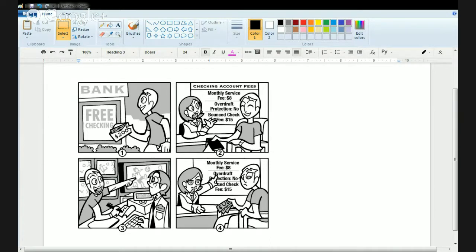And he looked very sad in a bank because he bounced his check, and the bank clerk showed him the fees which he should pay to the bank.